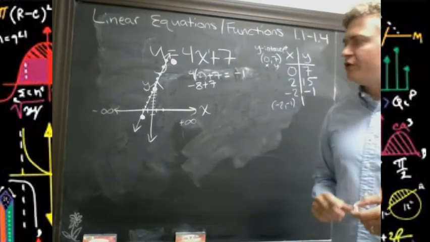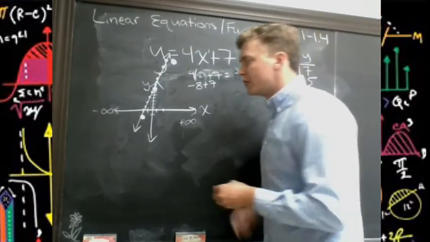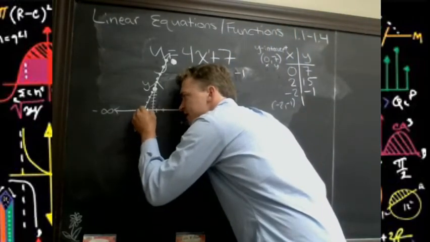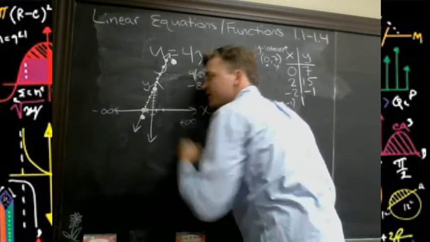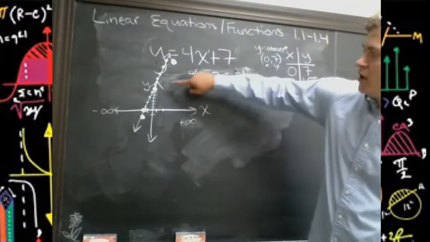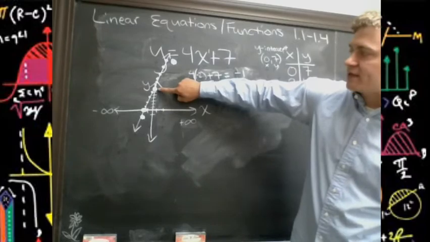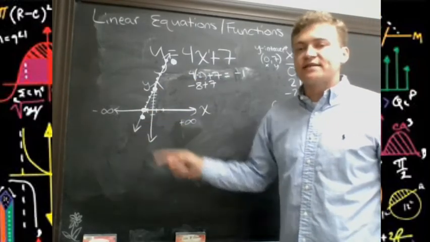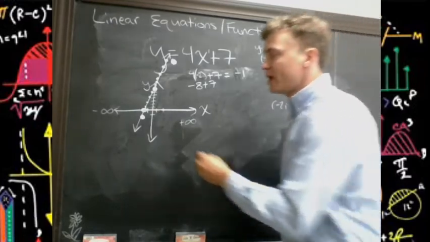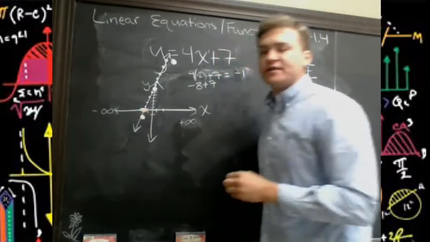But what I want us to do is take note of this special ordered pair right here. Now, what do we think that ordered pair is called? If where we cross the y-axis is called the y-intercept, then crossing the x-axis, that special ordered pair is called the x-intercept.